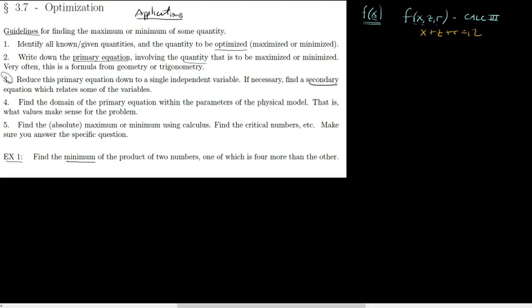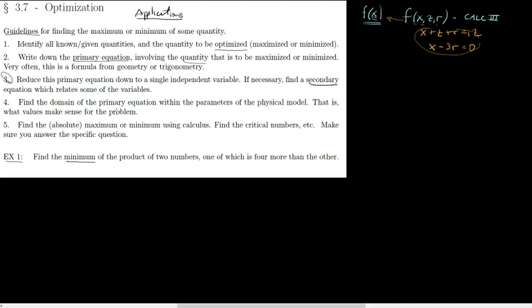Or something that relates these three variables. Actually, we need two equations here. So you might have another, a secondary equation, x minus 3r equals 0, or something like that. So once you have enough information, you can reduce this problem down to just one variable by eliminating the other variables. Okay, so maybe a bad example, but that's the idea here in step 3.